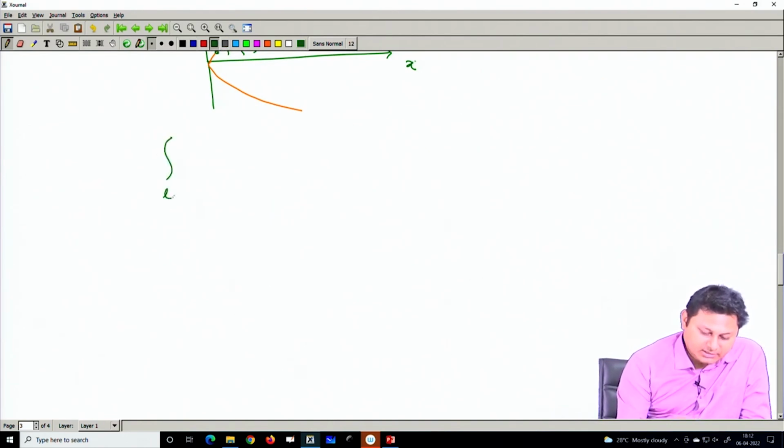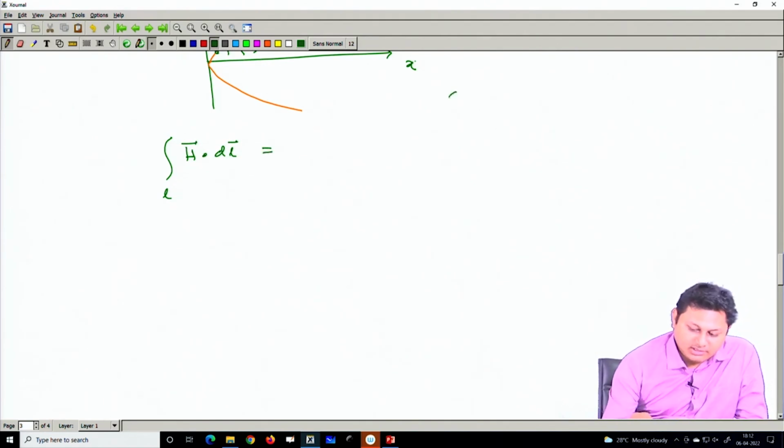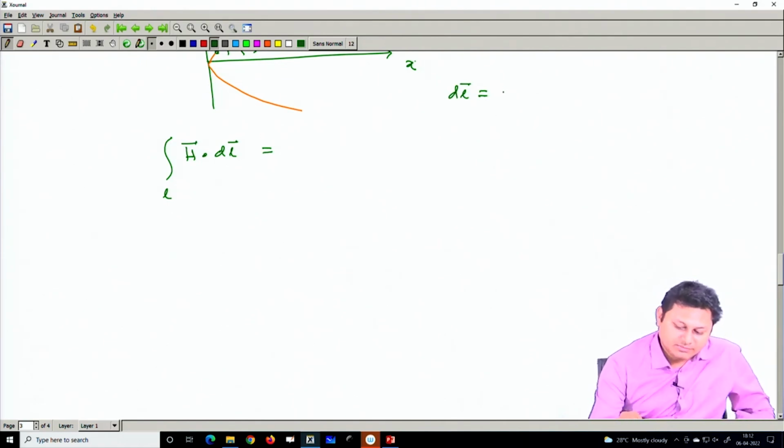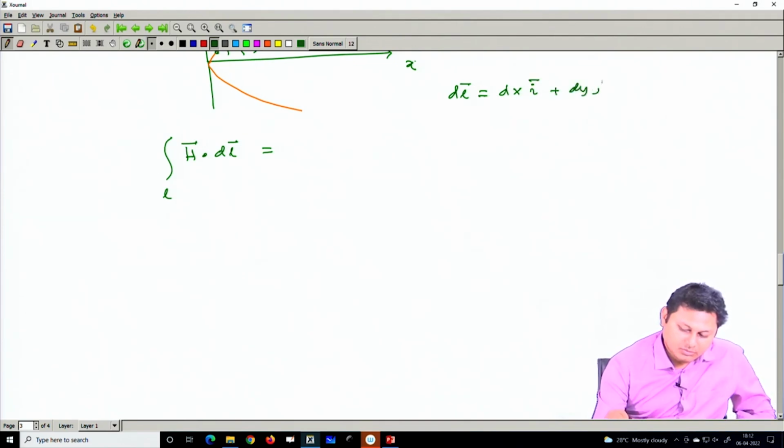So, the line integral is H dot dl. What is dl? This is a Cartesian coordinate system, so it is easy: dx i plus dy j.